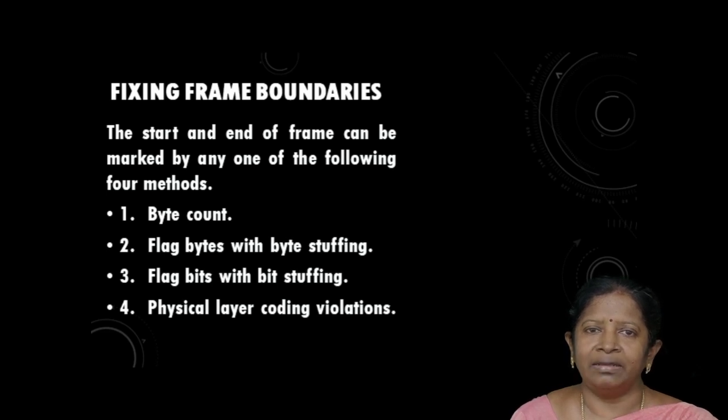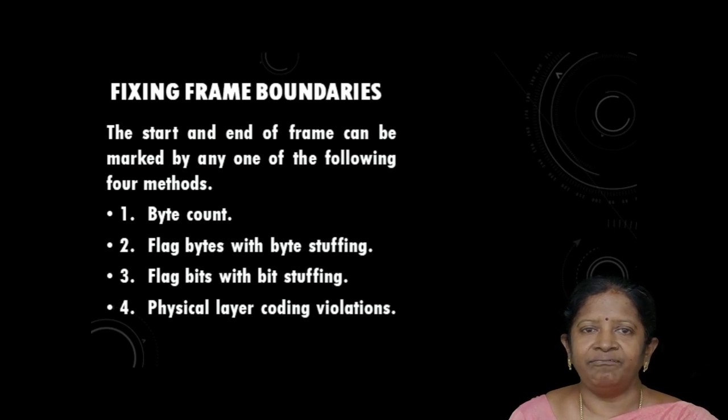One method is including the number of bytes present in the frame. That represents the byte count. Including the count itself, if you are going to send 4 bytes, the byte count will be 5.